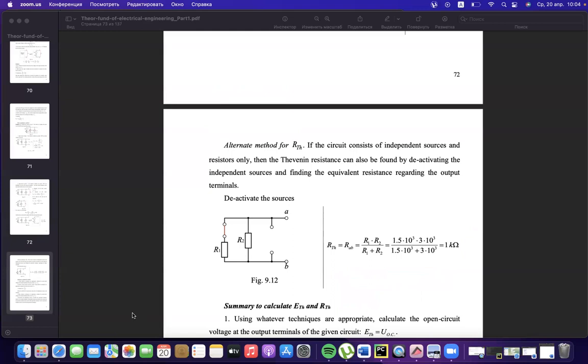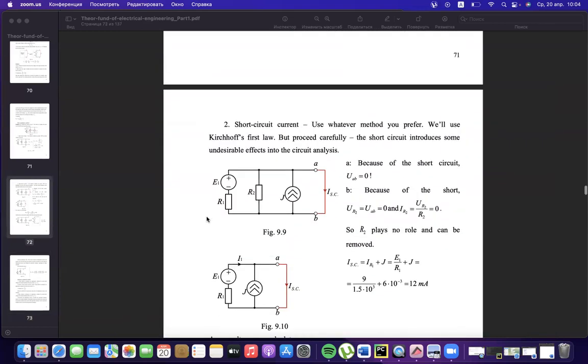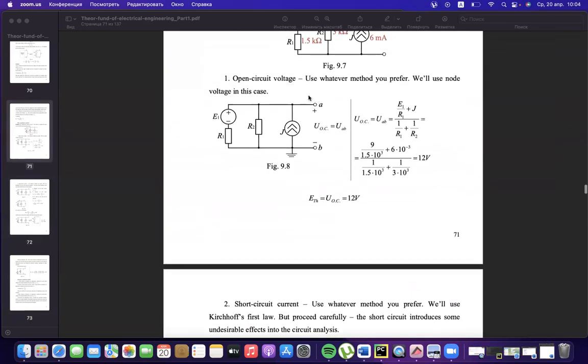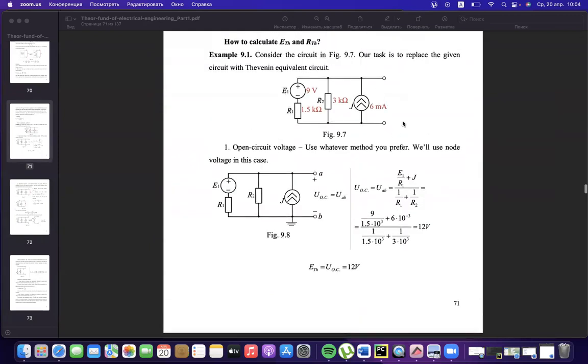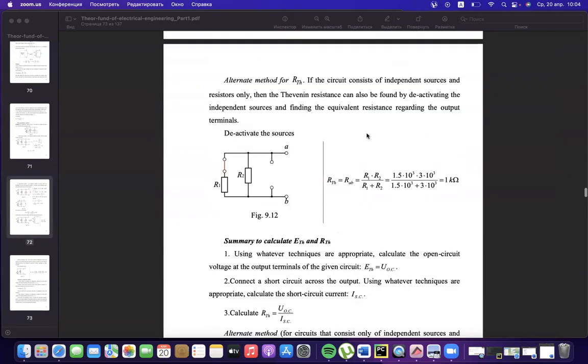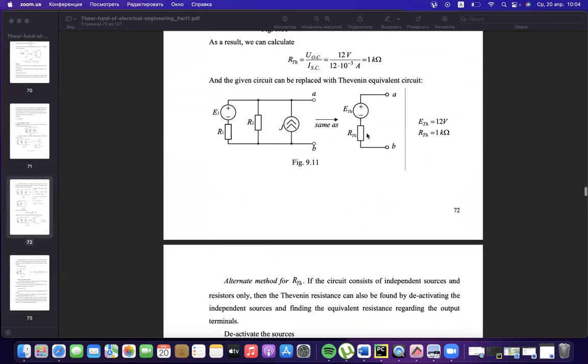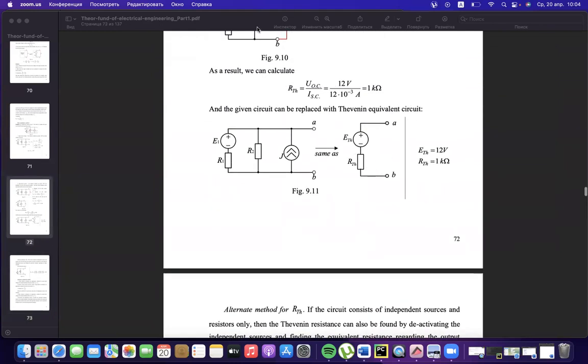And that means instead of the circuit in figure 9.7, we could substitute the circuit in figure 9.11, only one voltage source of 12 volts and only one resistor of 1 kilo ohm.